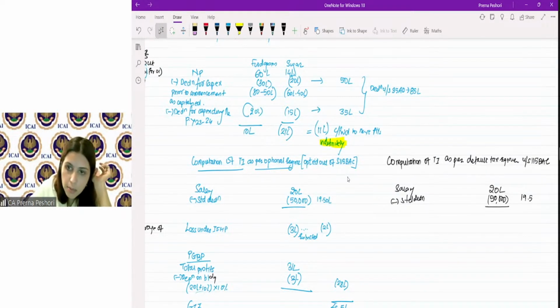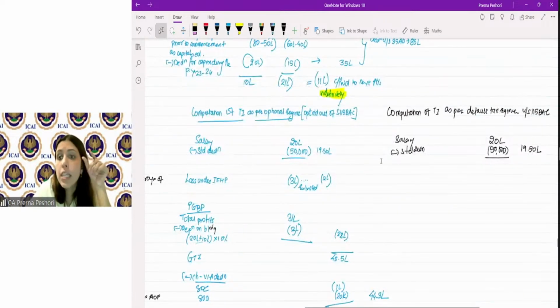So 19.50 lakh. What about the loss from house property? Will you get any loss from house property under self-occupied property under 115BAC?